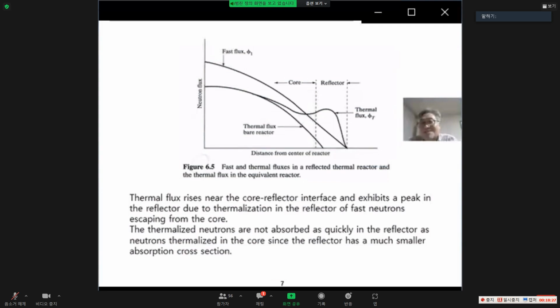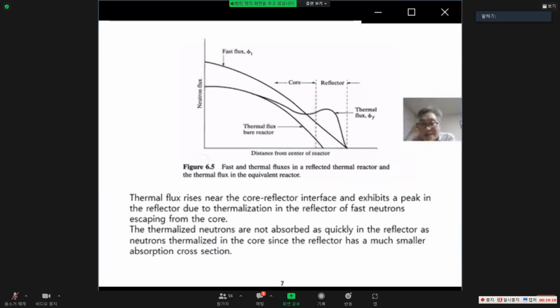That means the reflector affects only the thermal neutron flux, not fast neutrons. Is it understandable? Fast neutrons don't undergo scattering interaction very much in the reflector, so they just leak. But thermal neutrons undergo scattering interaction in the reflector region. So even though we have the reflector, the fast flux is still the same as the bare reactor. That is one thing.